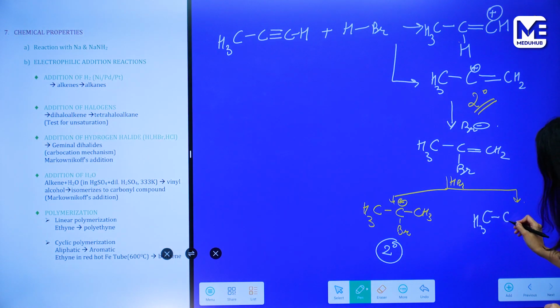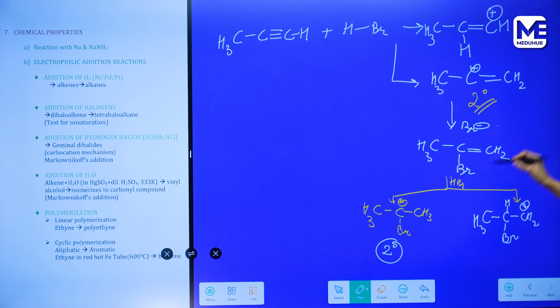CH3. Right? This is a 1 degree carbocation, this is a 2 degree carbocation, this is more stable.